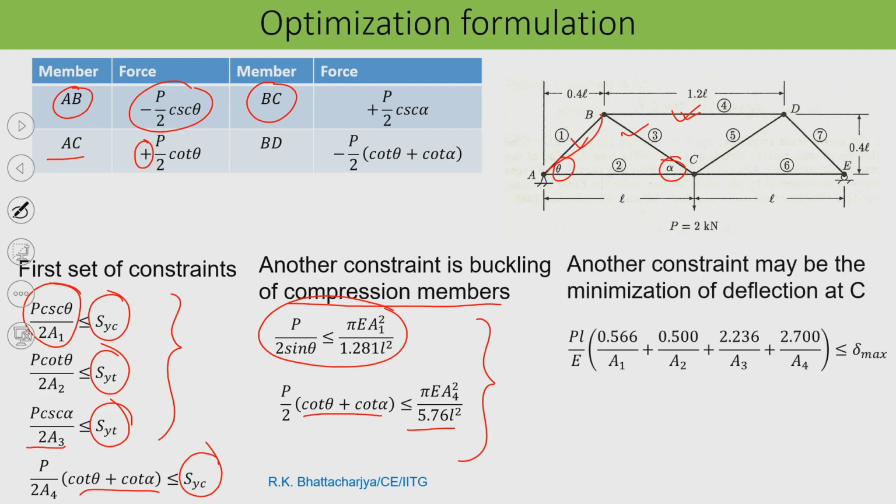There may be another constraint, the deflection. Suppose the structure is safe, but there may be some deflection here. I can say that this deflection is delta.